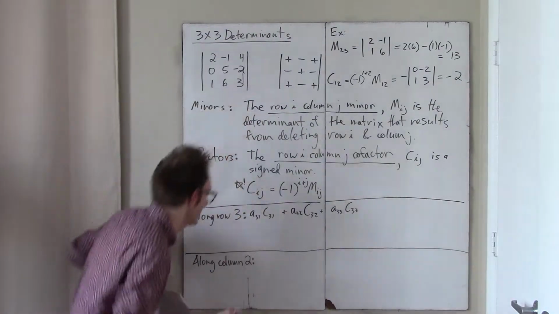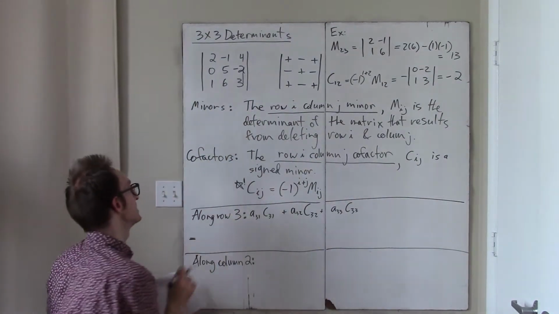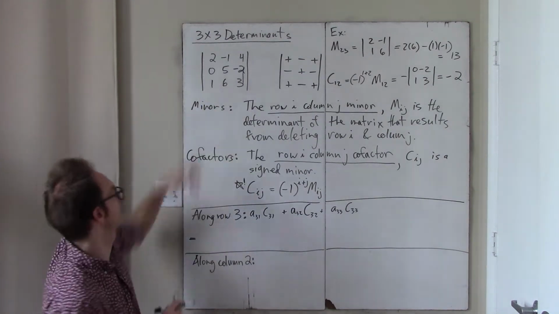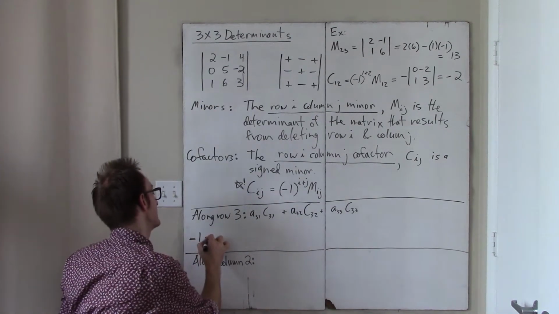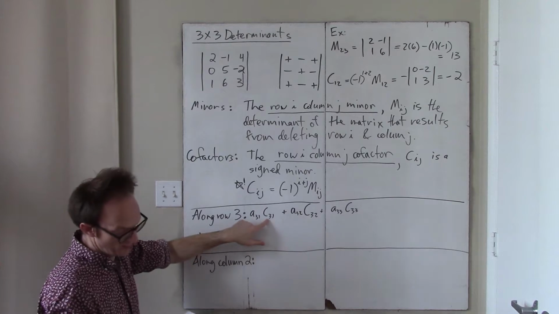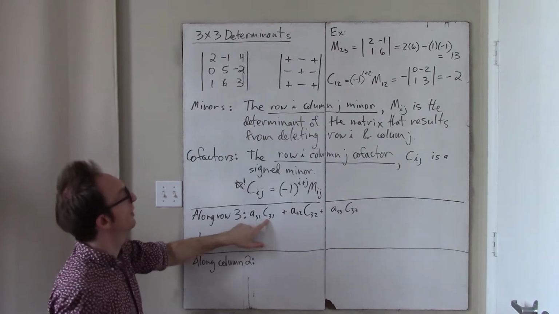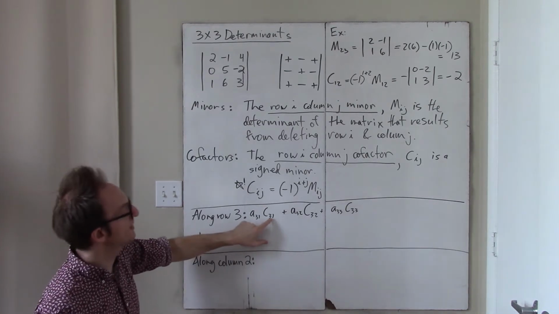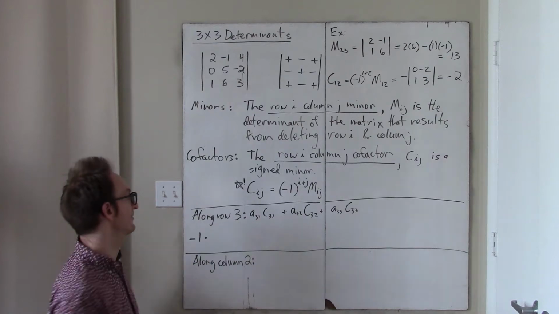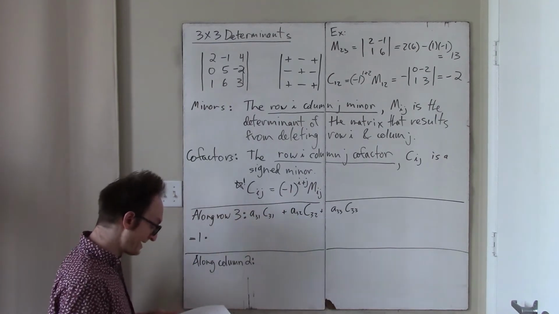Alright, what does all that mean? Well, I might not be able to fit this. I think I can. So what is the number in the 3,1 spot? Well, it's a 1 times, well, what's the 3,1 cofactor? Well, first of all, cofactor 3,1, because 3 plus 1 adds up to 4, which is even. It doesn't get a negative in front of it.